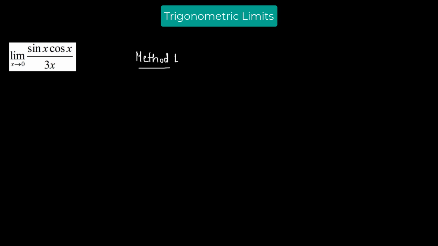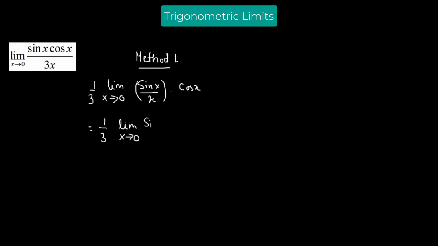We're going to arrange the given function as sine x over x times cosine of x. 1 over 3 being a constant, we can write it in front of the limit. So we have 1 over 3 times the limit as x goes to 0 of sine x over x.